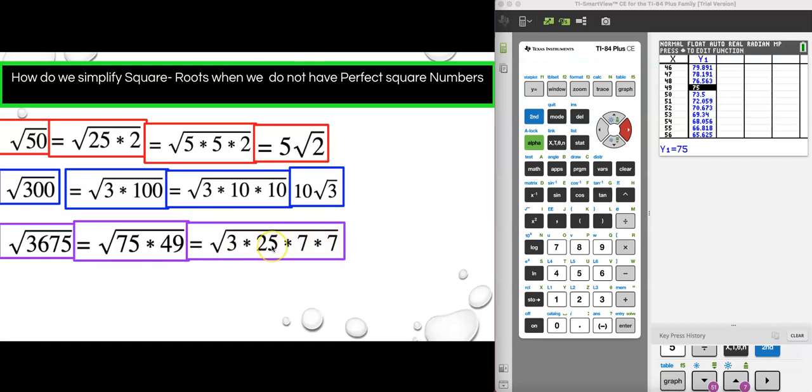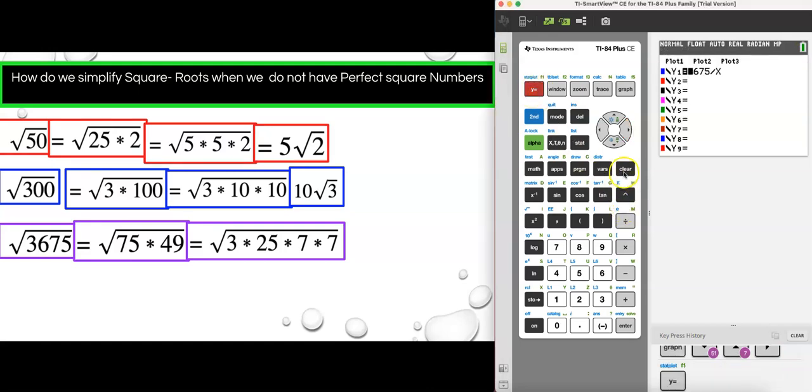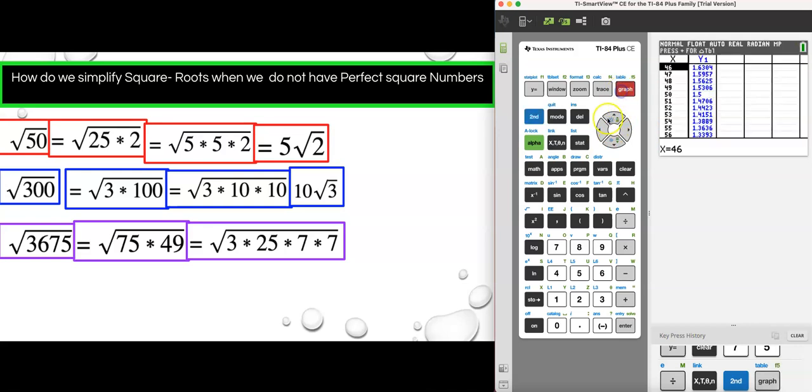Okay, now the 3 times the 25, well, those are just factors of 75. So if I needed to, I go back here and I plug in 75 divided by x, and I just find factors of 75. And so as you can see, quite naturally, I chose 25, because I'm always going to be looking for perfect squares every time I recognize them.